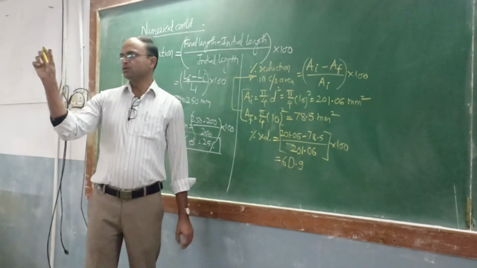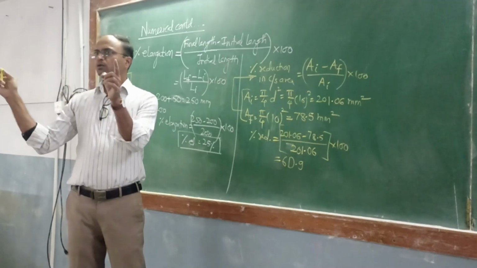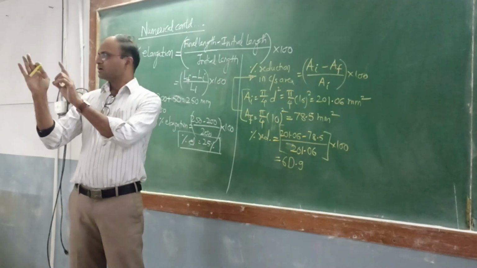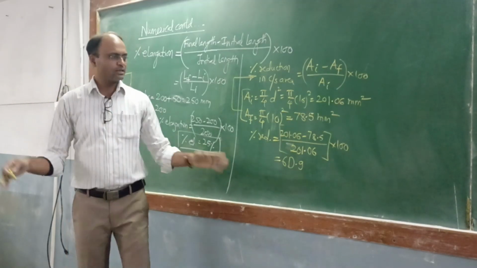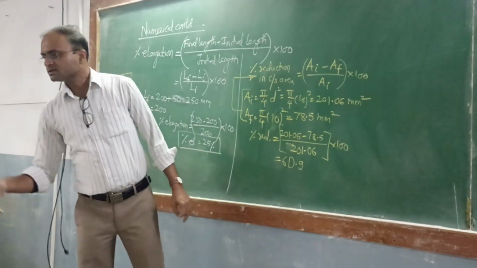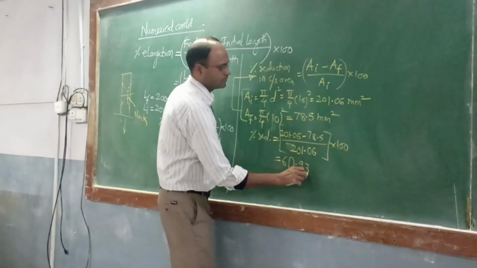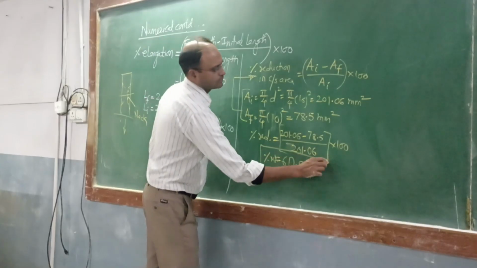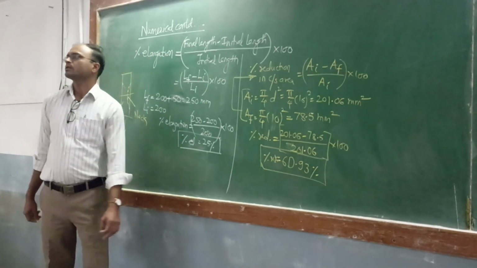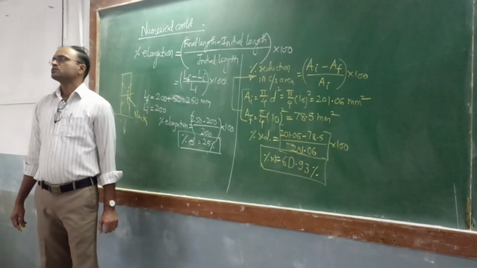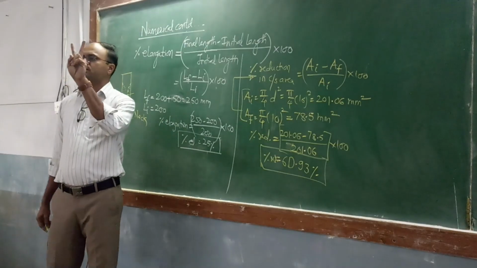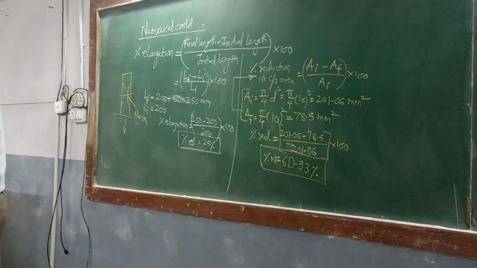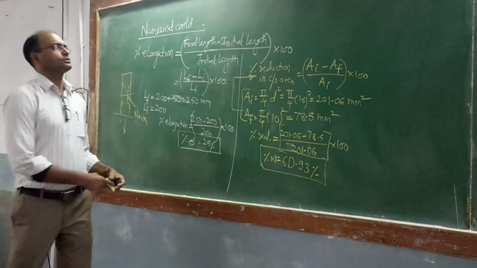Some of you, if you use up to 4 digits and round it, might get a different answer, but around 60 is okay. So the answer is 60.93. Every answer carries 2 marks, total 10 marks. A question can be framed on this.